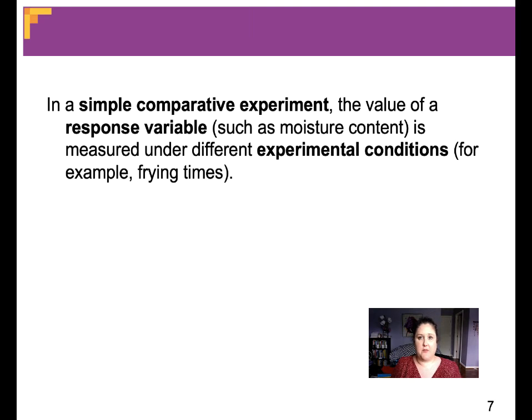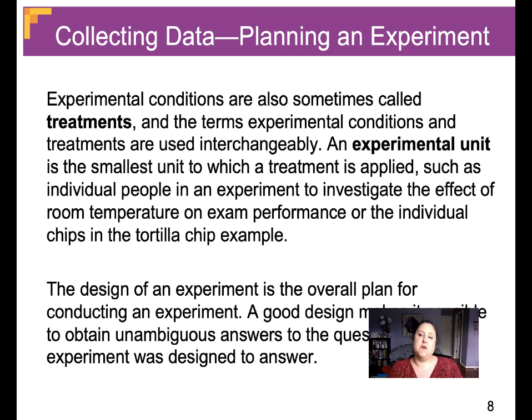So, for example, the frying time was changing. These experimental conditions, we often will call treatments, and we can use those words interchangeably. We will have what's called an experimental unit, which is the smallest unit to which a treatment is applied. So that would be like your individual people in the study or the individual tortilla chips that you're including in the experiment.